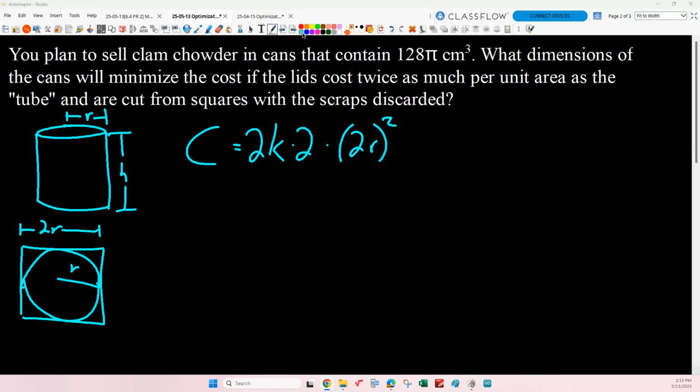There's the cost per unit area, times 2 lids times the area of the materials for each lid. Plus, what's going to be the cost of the tube part?